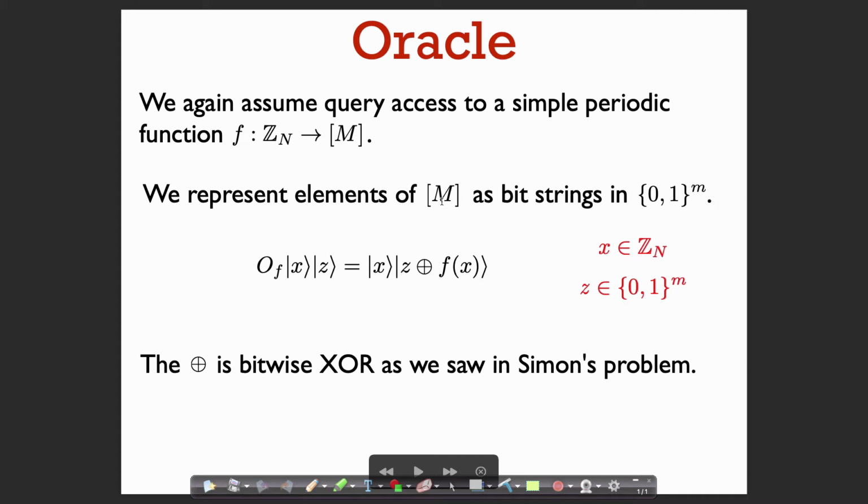We just represent elements of the range by bit strings, so z here is a bit string. And what does O_f do to the basis state |x>|z>? Well, it just XORs the value of f(x) with z in the second register. Here z and f(x) are both m-bit strings, and this is the bitwise XOR. So this is basically the same action of the oracle that we saw in Simon's problem.